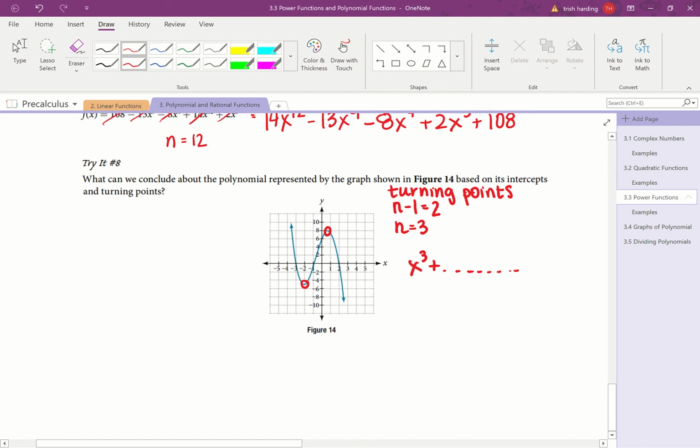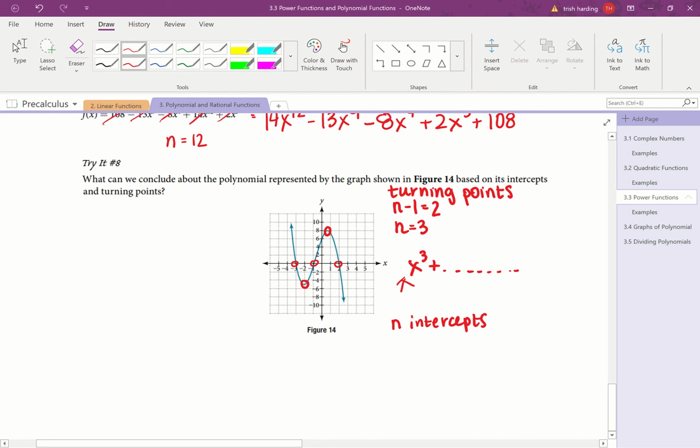Its intercepts. Notice that we have 3 of them. And we will have n intercepts, which matches up with the 3 we found earlier from the turning points. Now, this is sufficient for this question, but I'm going to one-up you. What can this tell us about the coefficient in front of that term?